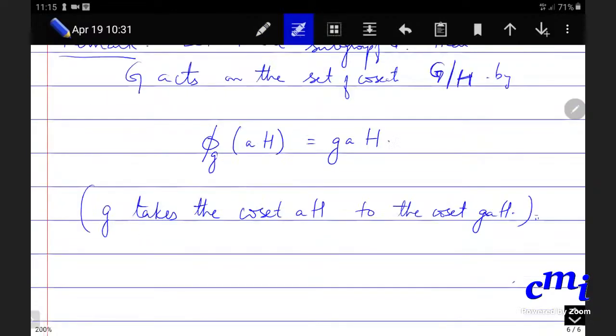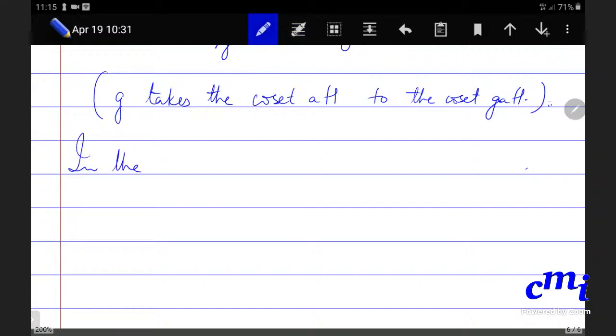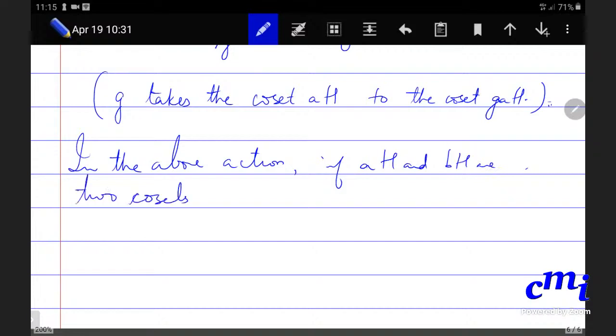In the above action, if aH and bH are two cosets, then there exists a g such that phi g of aH is equal to bH.